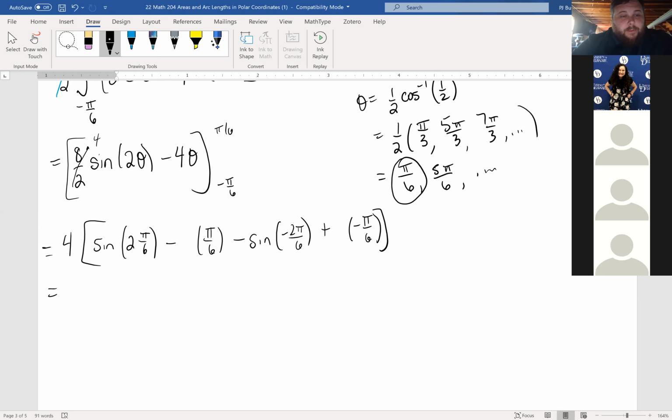All right, so we just need sine of pi over 3. Appears that is root 3 over 2. Remember that sine is an odd function. So sine of negative 2 pi over 6 is the same as negative of the sine of 2 pi over 6. So those negatives would cancel.